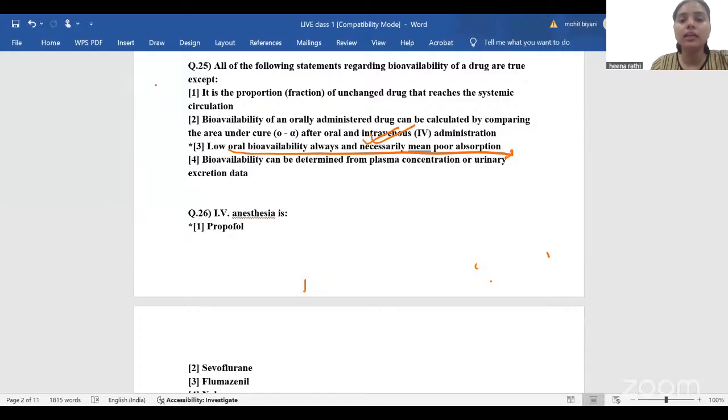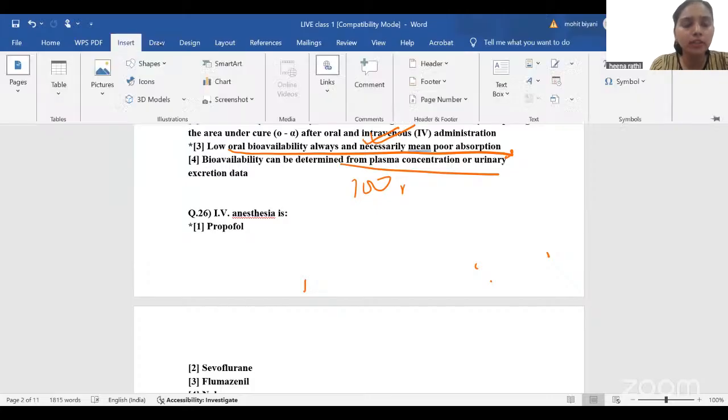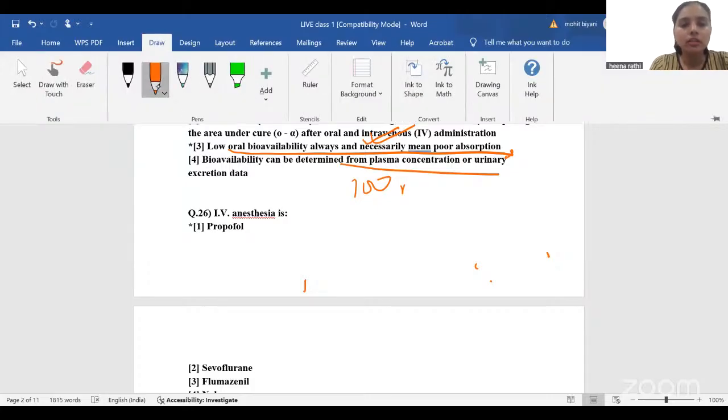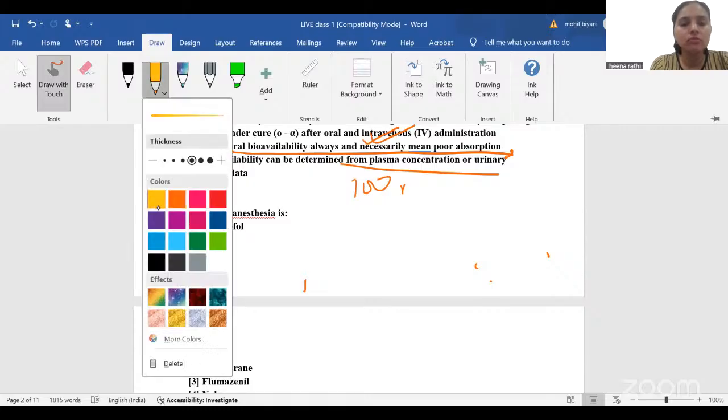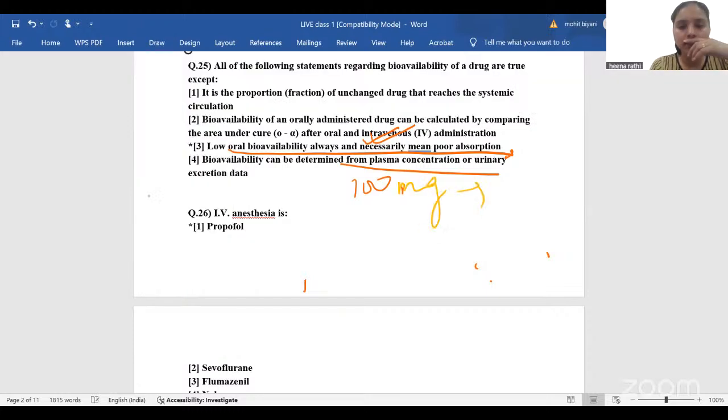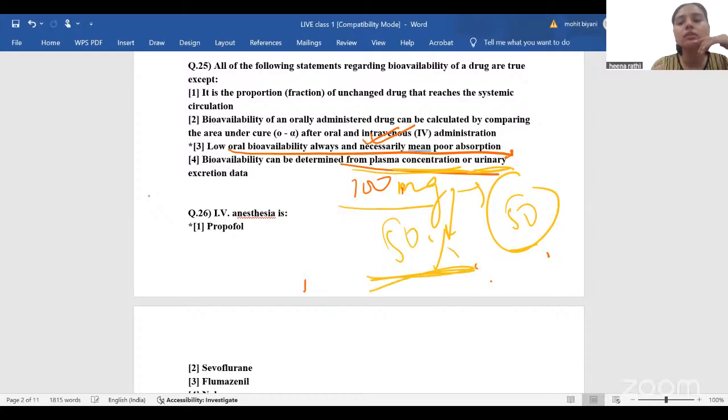Bioavailability can be determined from plasma concentration or urinary excretion data. Yes, we can calculate it. If the plasma concentration of the drug is 100 milligram, and urinary excretion of this drug is like 50, we can calculate that 50% was available for the action.